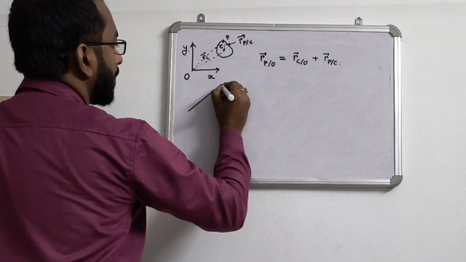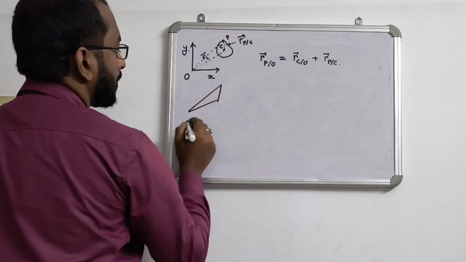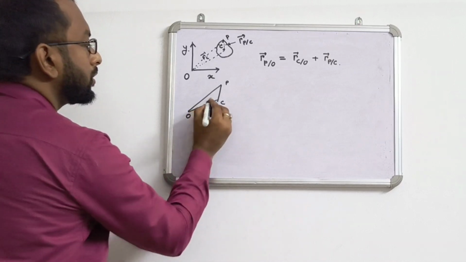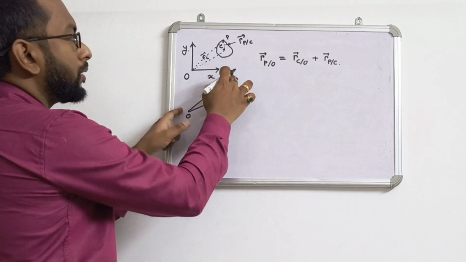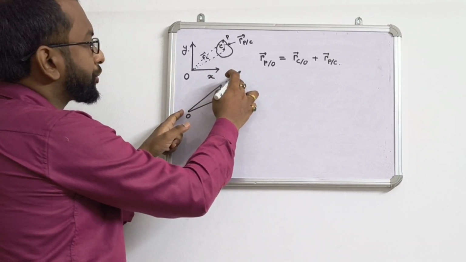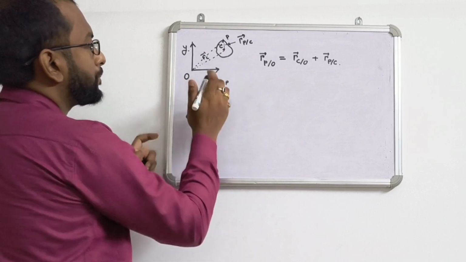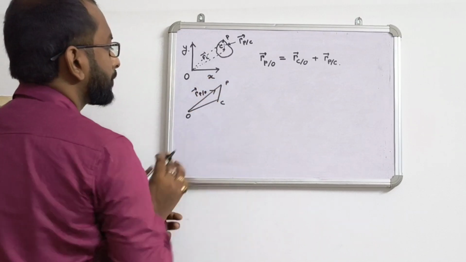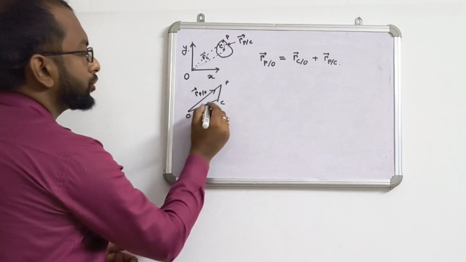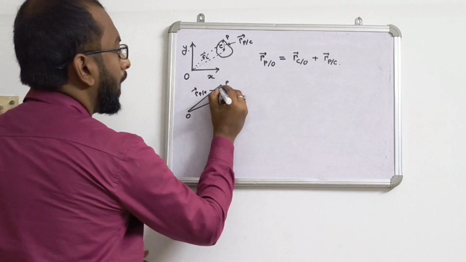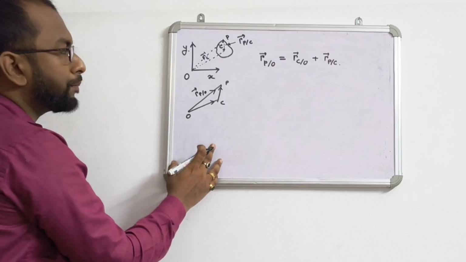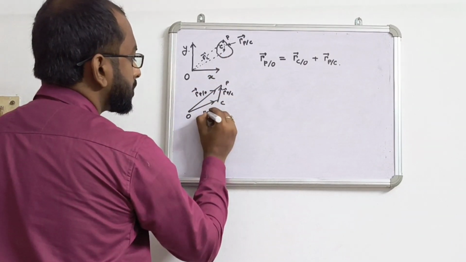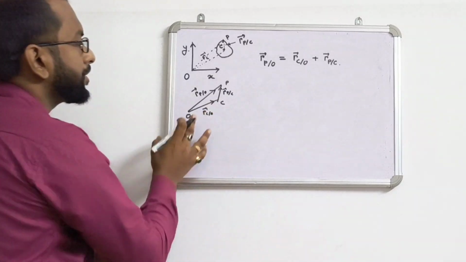So in this triangle, this is the center of mass, this is the point P, and this is the origin. So this is the original distance vector of the point P from the origin. This is R_P with respect to O, and R center of mass with respect to O is this vector, and with respect to the center of mass it is located at R_P with respect to center of mass. So basically it is just a vector addition.